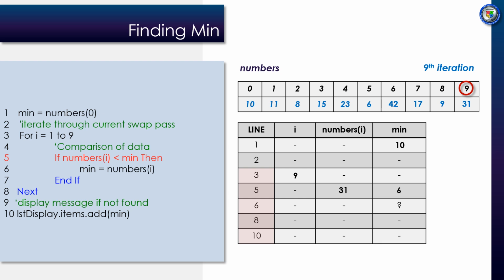Again, is that less than 6? Which it's not, therefore our minimum value will be 6. And this will give us our minimum value for this list of values within our array. And at step 10, we will display that minimum value.